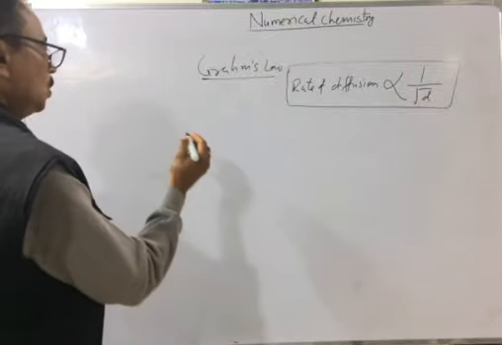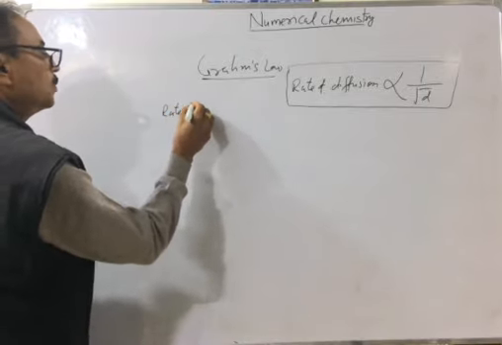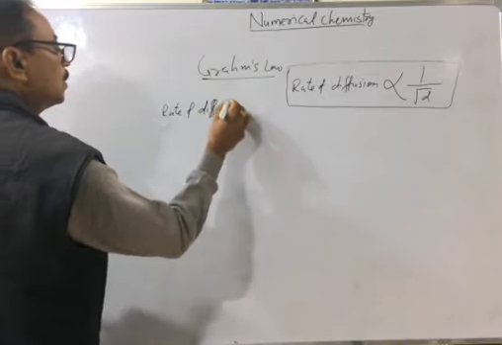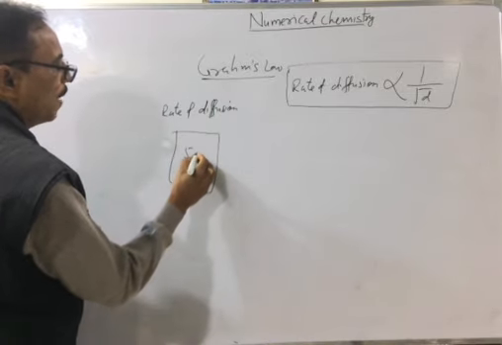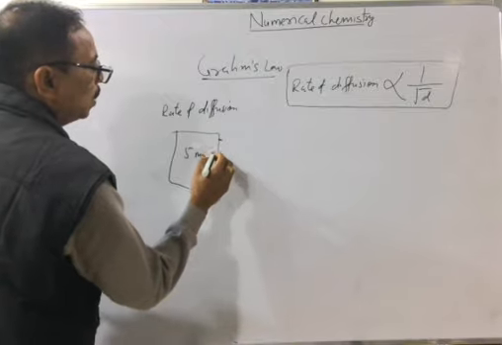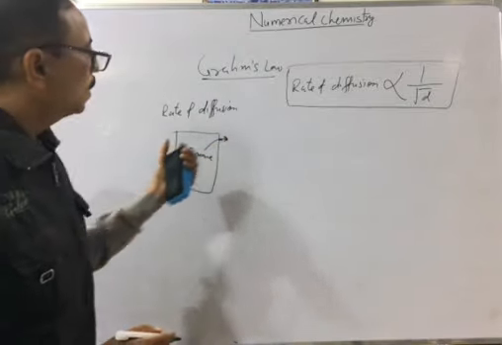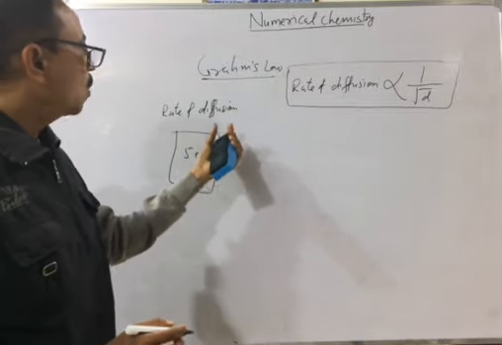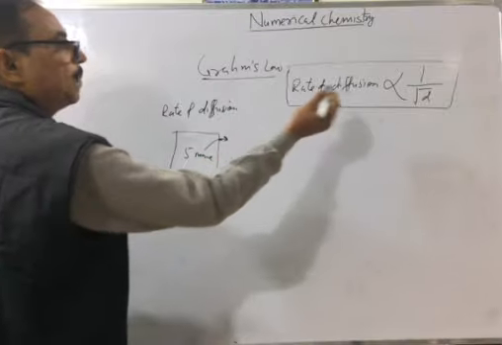Rate of diffusion you can understand better. Suppose this is a container, contains 5 moles. If there is one hole, so the gas will diffuse out. So how much gas is diffused or came out, the quantity is the diffusion rate, means per unit time. So it depends upon the density.